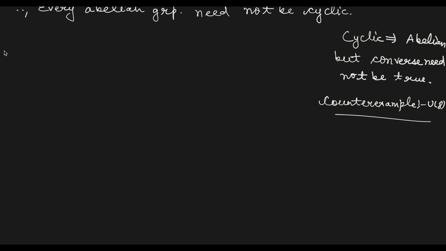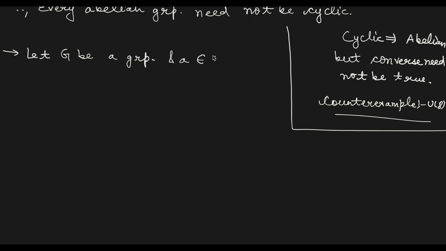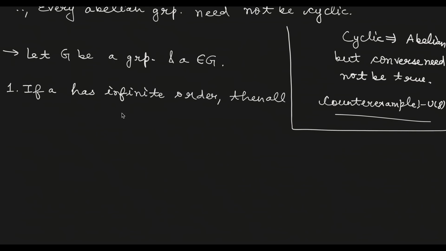Next, let G be a group and A belongs to G. If A has infinite order, then all the distinct powers of A are distinct group elements.